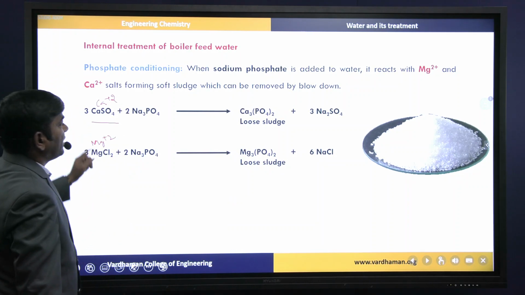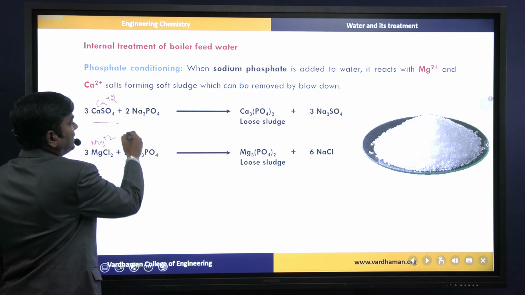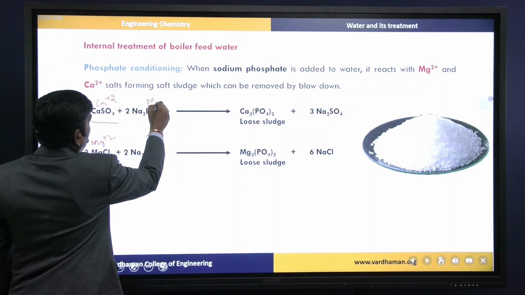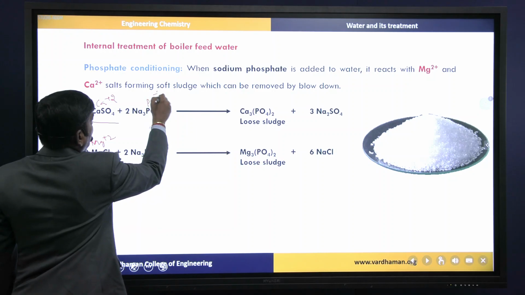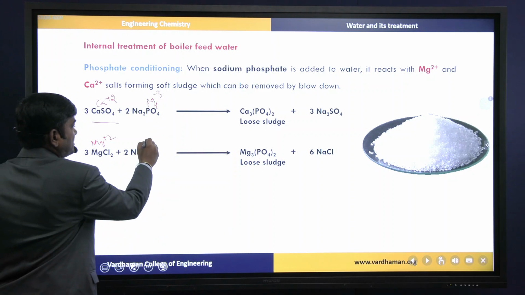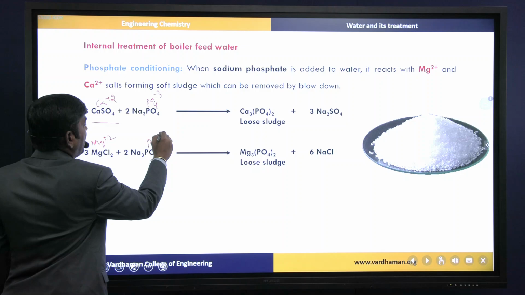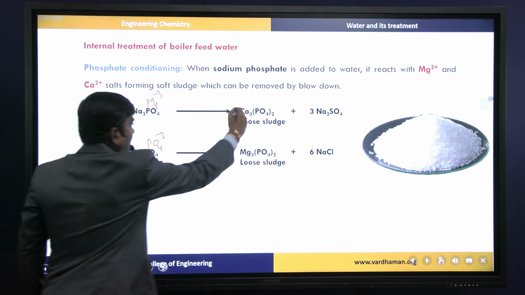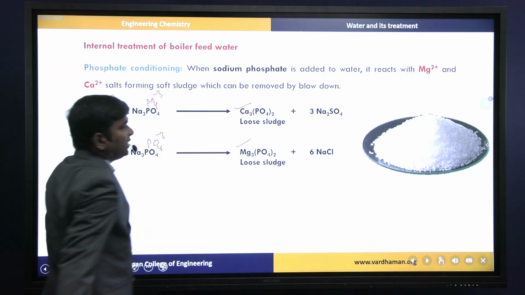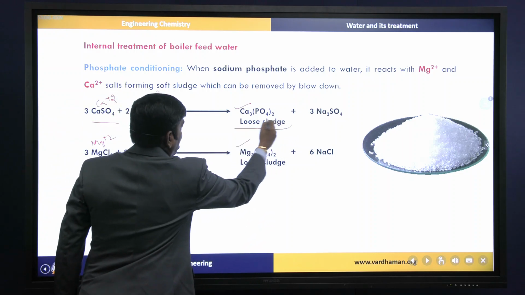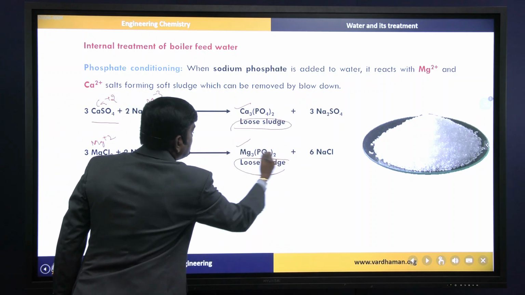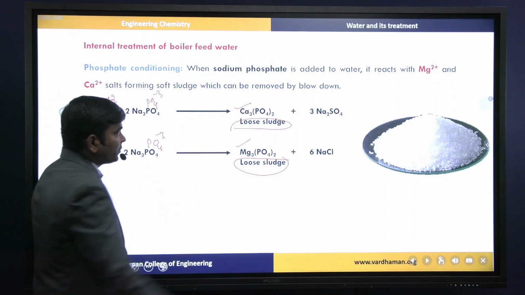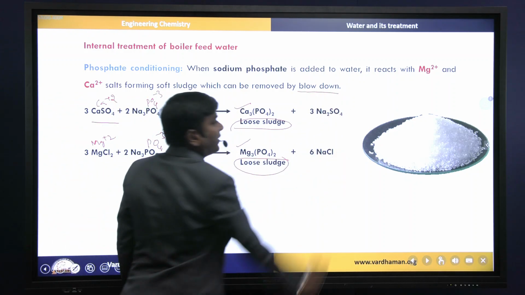These calcium plus 2 and magnesium plus 2 ions react with the sodium phosphate. Sodium phosphate after ionizing produces PO4 minus 3. Here also the same PO4 minus 3. Those are converted to calcium phosphate and magnesium phosphate. These two are loose sludges, that means loose deposits. Once sludge is formed, it can be removed by blow down operation.